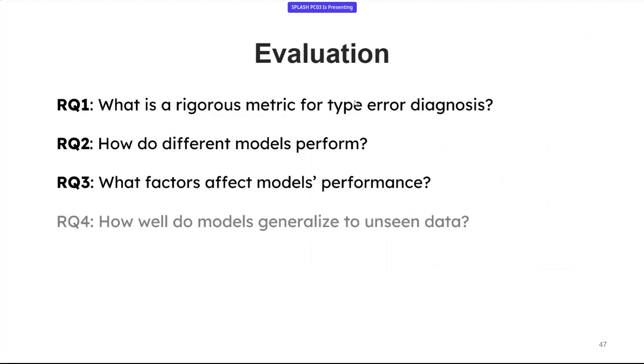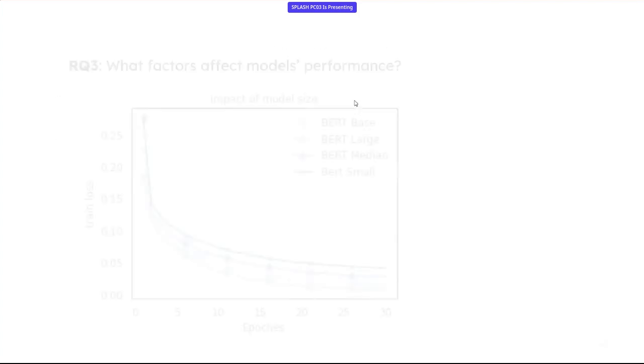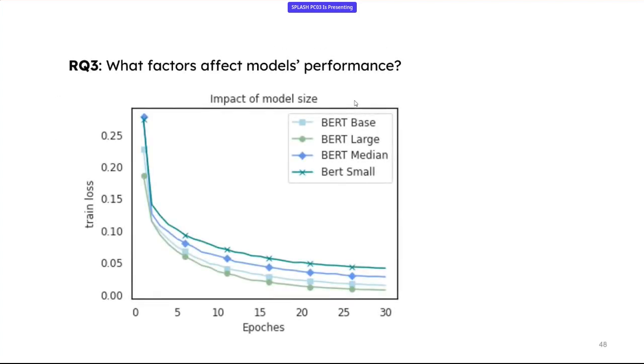Another interesting thing is in our design of the models. We want to know what factors actually affect the model's performance. Here we choose the size factor for our first study.